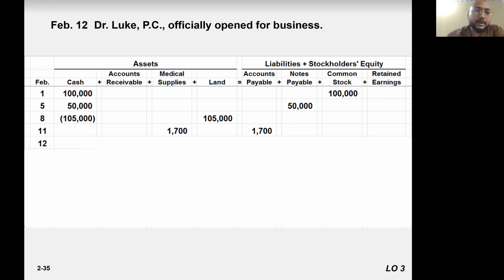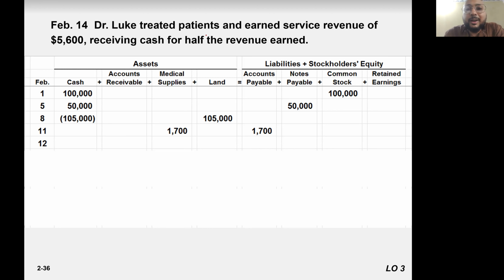On 14 February, Luke treated patients and earned service revenue of 5,600, receiving cash for half of the revenue earned, which means half of the revenue is received in cash and half will be received later.